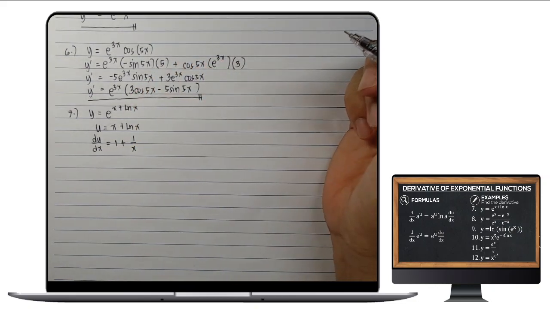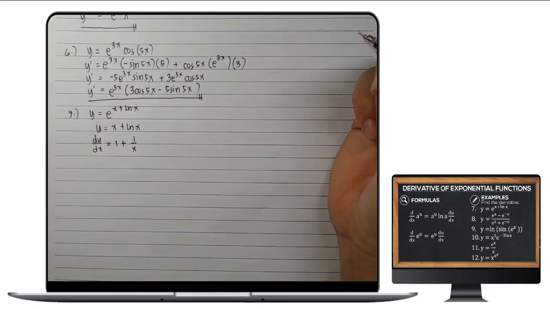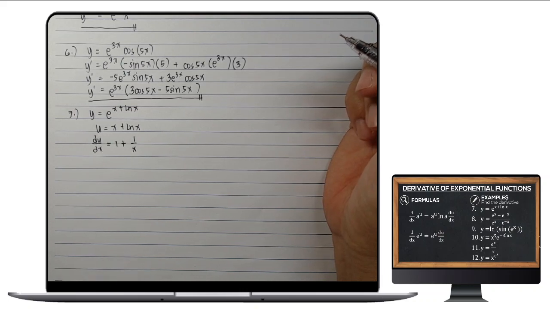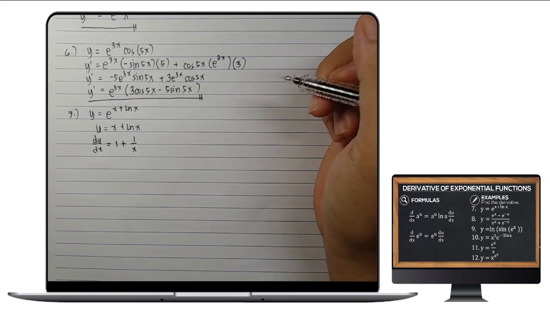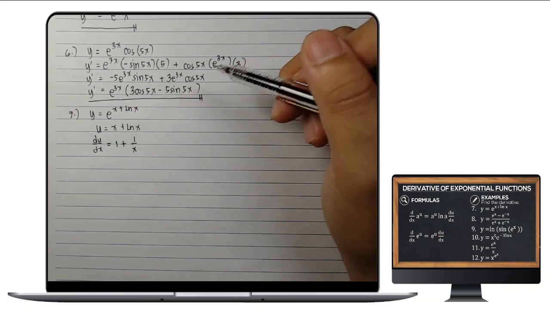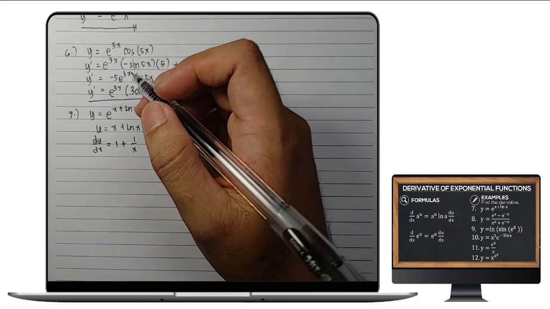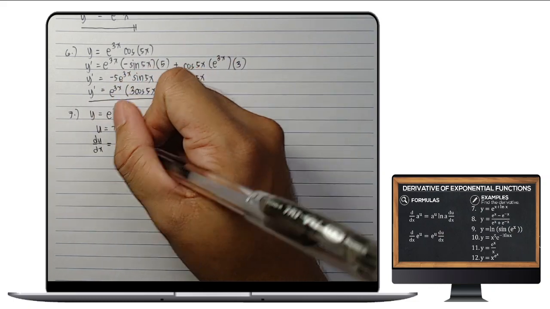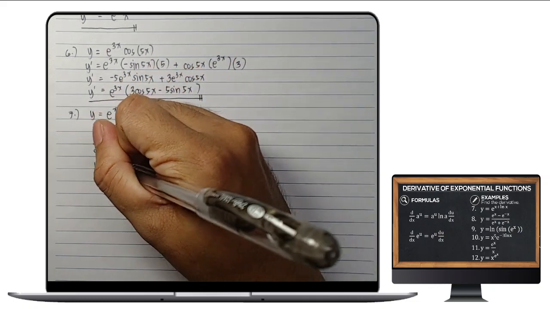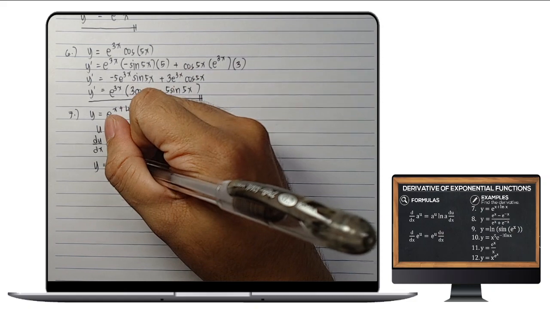So take note of that, the derivative of a logarithmic function. So the derivative of ln of x is derivative of x over x, which is 1 over x. Okay, so therefore, our y is now e raised to u.